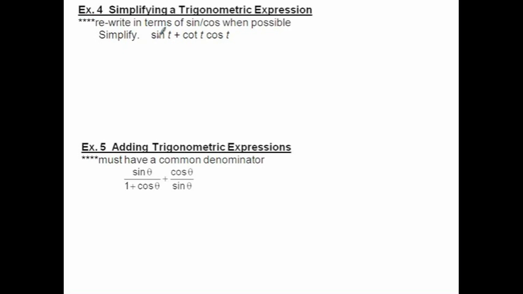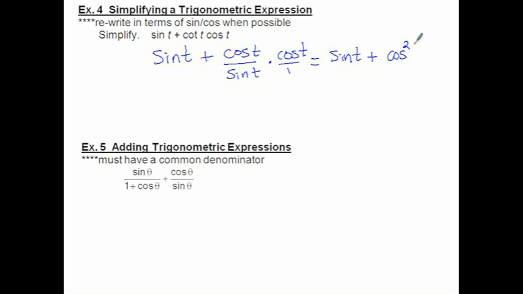So sine, cotangent, and cosine. So we want to change that cotangent to terms of sine and cosine. And cotangent, we know, is cosine over sine. And times that by cosine. So that right there goes to sine of t plus cosine times cosine is cosine squared over sine t.